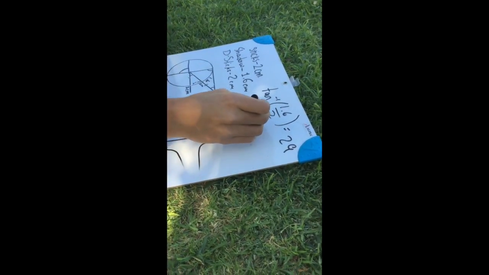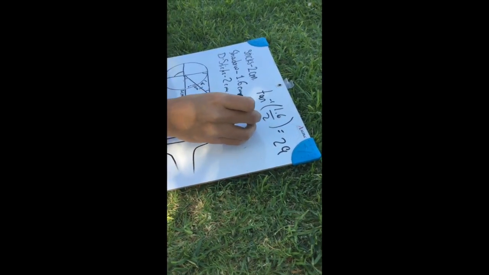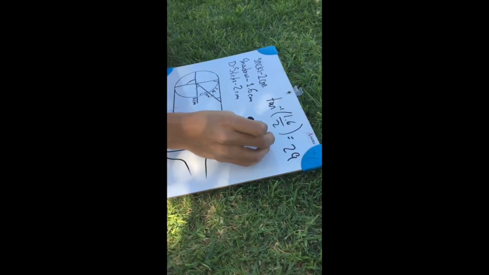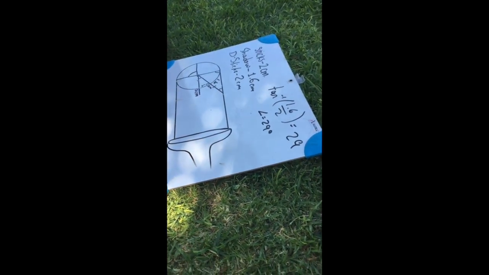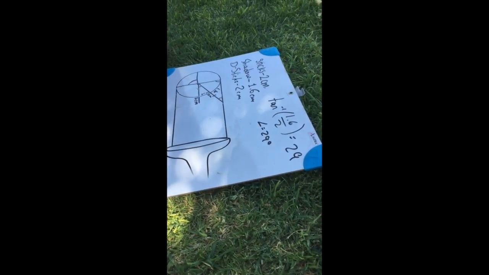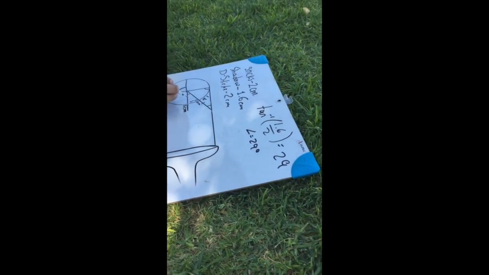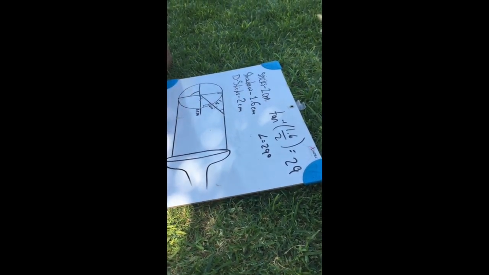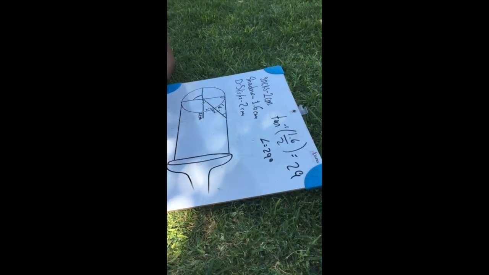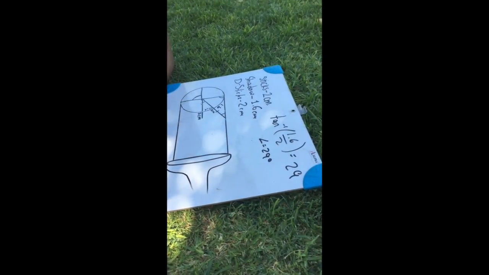So our angle is equal to 29 degrees. But we cannot get the radius, which is our goal, because we need to transform from degrees to radians.